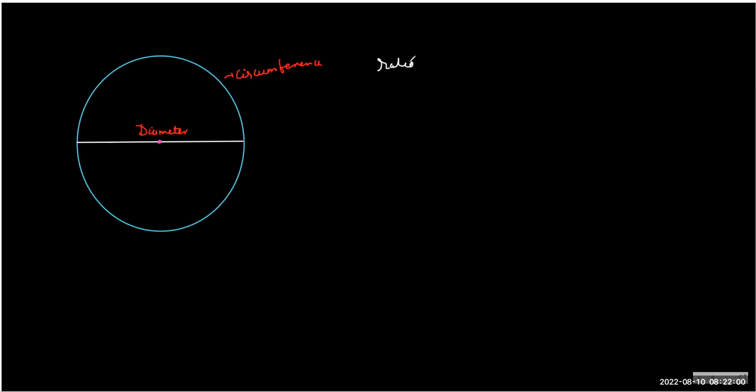So the ratio of circumference to diameter is always a constant quantity.